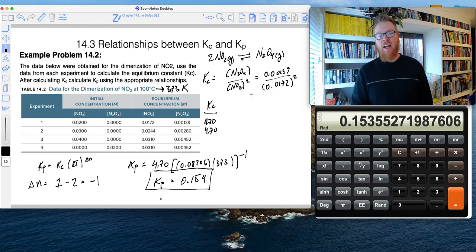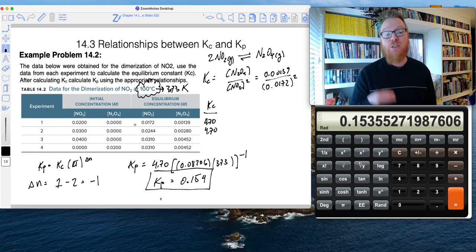However, in this set of data, we were given concentrations in molarity, which gave us Kc. So no matter what the initial concentrations are, this Kc value will work out to be 4.7. Of course, that's at 100 degrees, because as you've seen me allude to, the temperature matters for the equilibrium constant. But if we did this in atmospheres, in several different experiments with different starting amounts, all of those experiments would give us this Kp of 0.154.